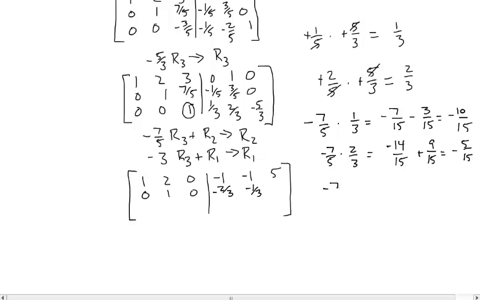And now I have negative 7/5 times negative 5/3. Our 5's are going to cancel, and our negatives are going to turn into positives, and that leaves me with 7/3. And then we're adding 0, so I'm just left with 7/3. And then row 3 stayed the same.